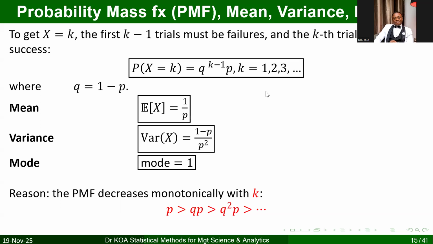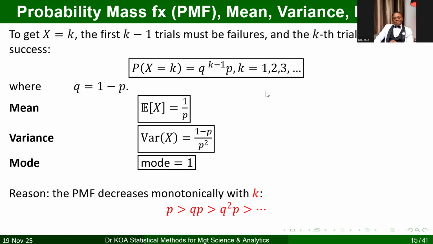So if you want to get a particular x or a particular random variable, then the first k minus 1 trials must be failures. Okay, the first k minus 1 trials must be failures. So if I'm dealing with 2, then the first one, which is 2 minus 1, must be a failure. And then the kth trial must be the success.